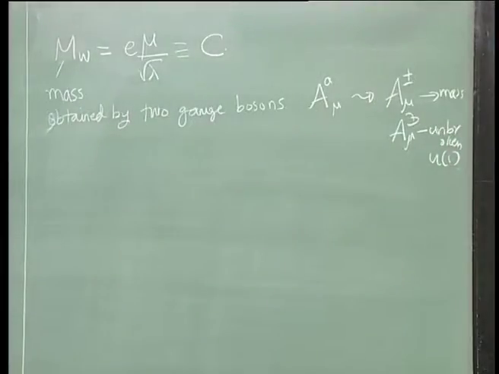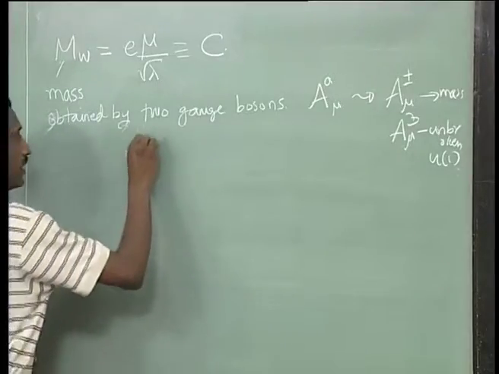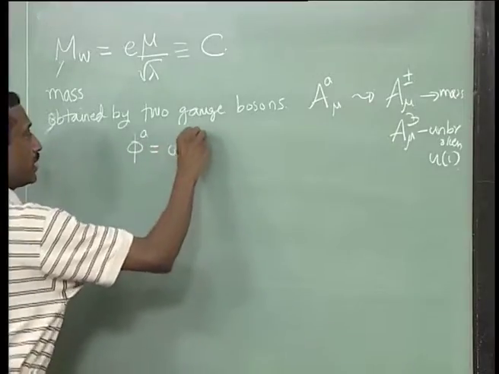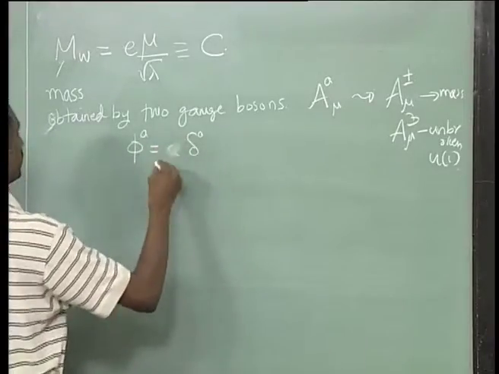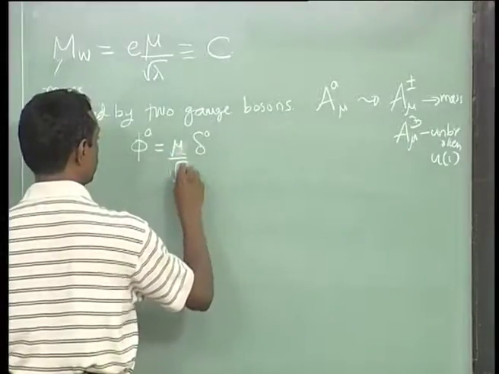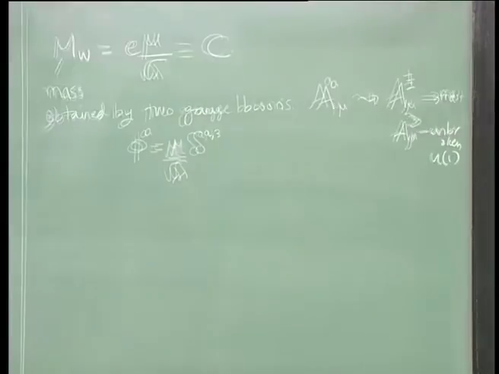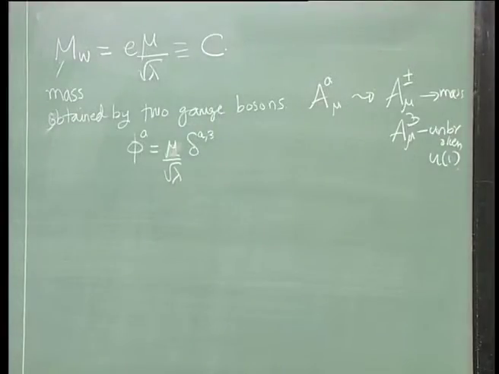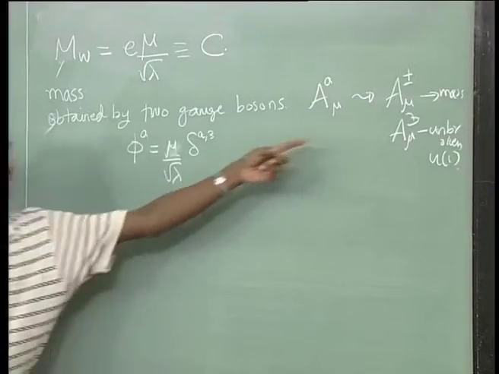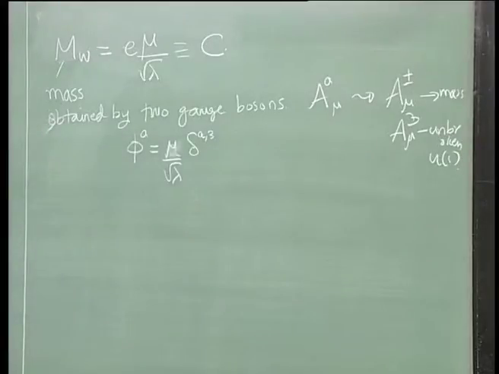Suppose we went ahead and chose phi a to be a times delta a3, that is, mu by square root of lambda delta a3, to match whatever we have discussed in this particular example before. I am just defining various things. So suppose I did this, I would get this thing.